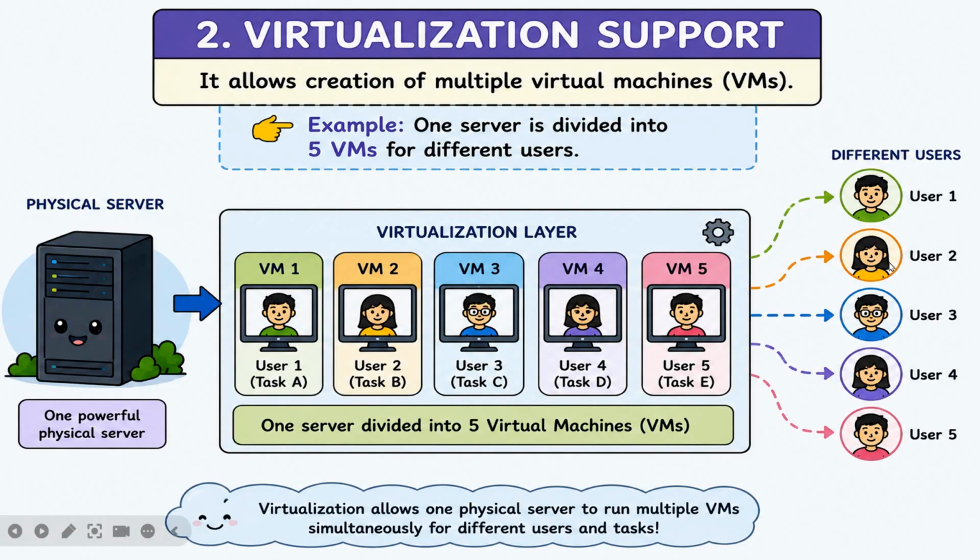Now different users are connected to different virtual machines, which means multiple users can work simultaneously on the same physical hardware without affecting each other. So here you can see different users are assigned to separate virtual machines for different tasks. Now this demonstrates how cloud systems can support many users while efficiently managing the CPU, memory, storage and bandwidth resources.